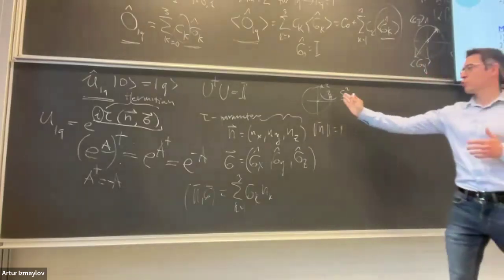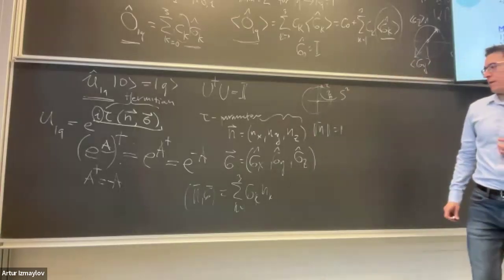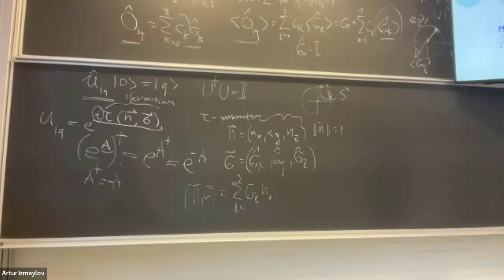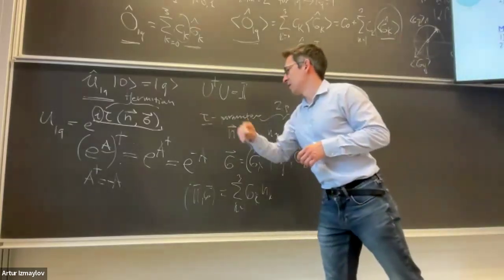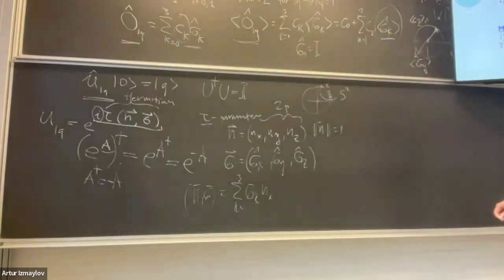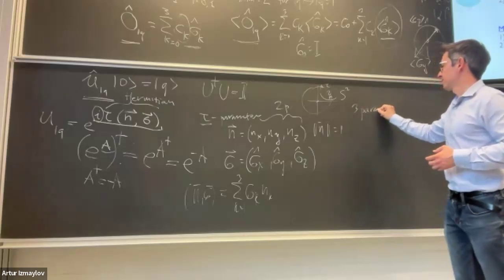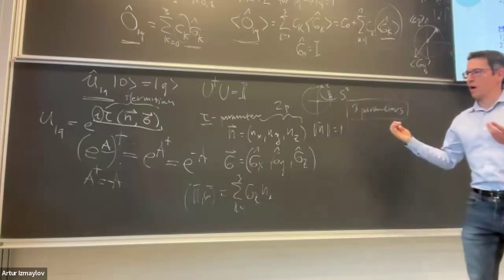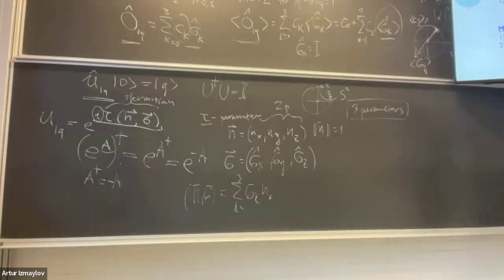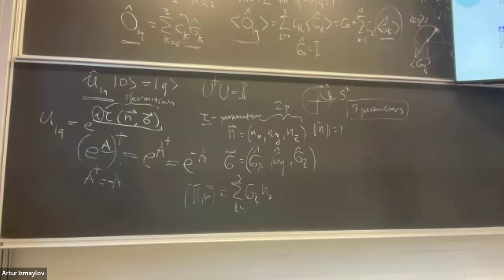So we have the freedom to choose n and the freedom to choose tau. There are two parameters in n and one parameter in tau, so generally this gives us three parameters. And that's enough to describe any rotation of the single qubit state.